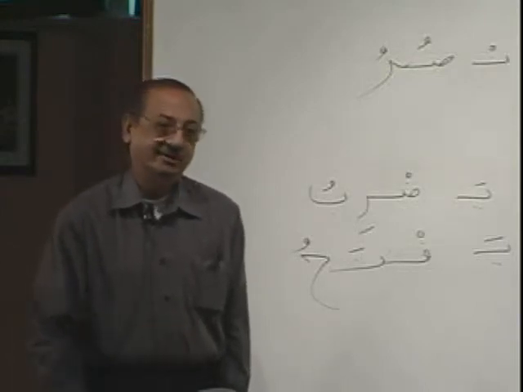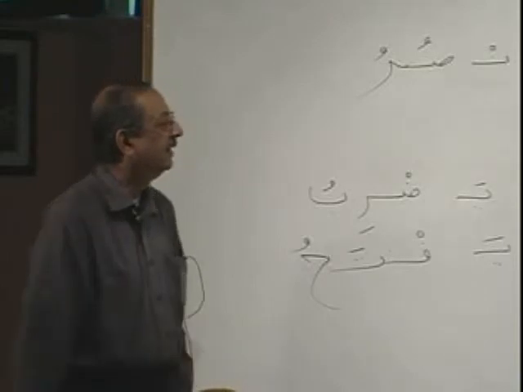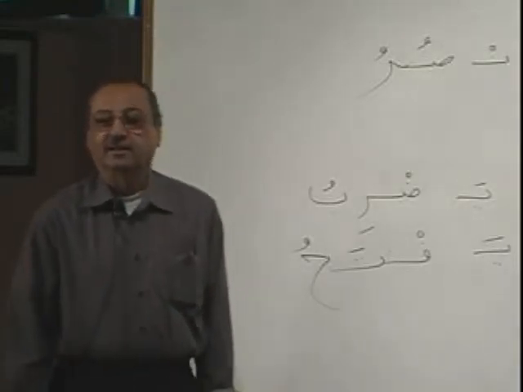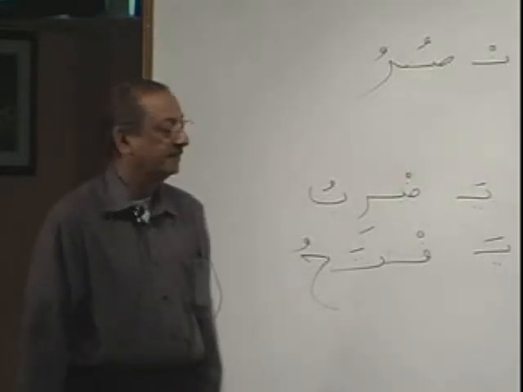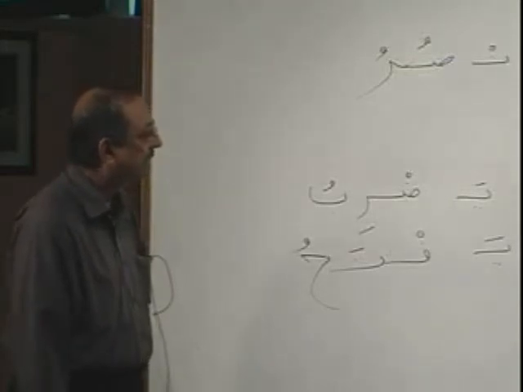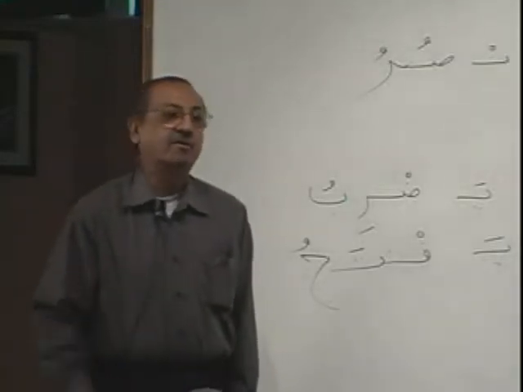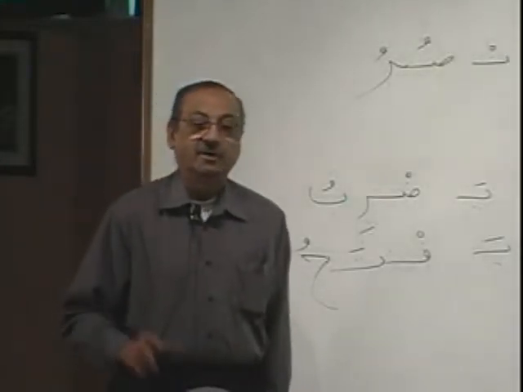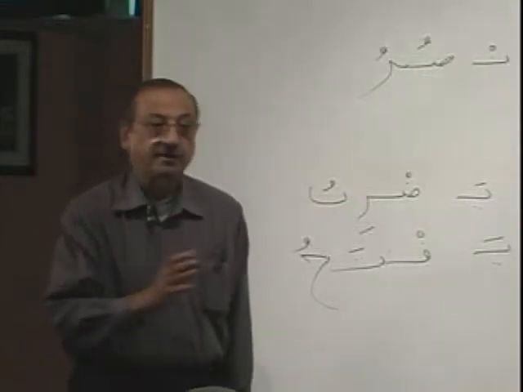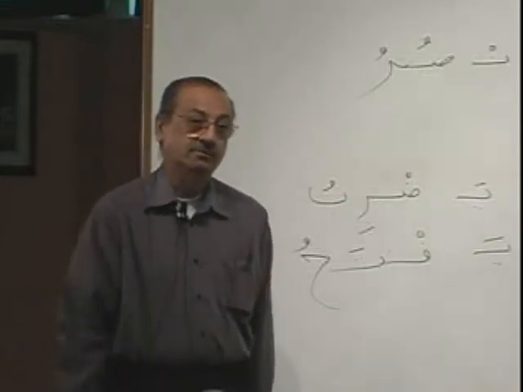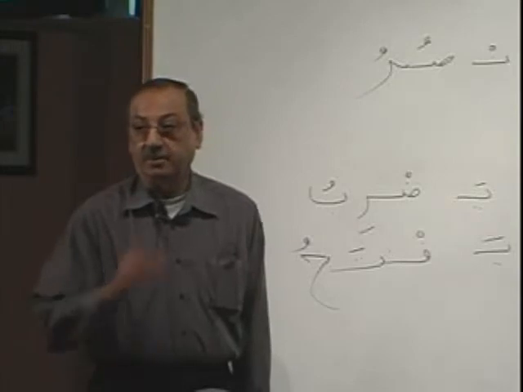Very, very easy. The 3-letter verbs is something that we have to pay more attention to. So, brothers and sisters, every 3-letter verb will go into 6 different bab. It can go, and we have to remember that.